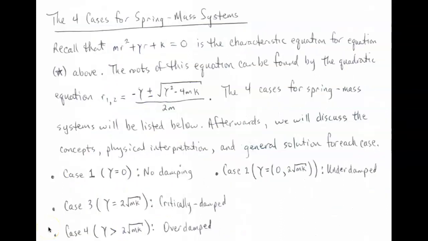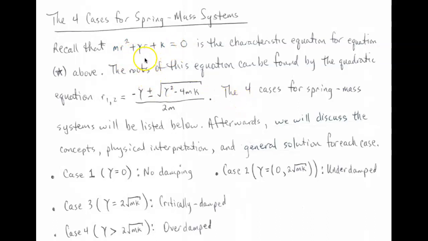So as I said before, we have 4 cases for the spring-mass system. These cases originate from the characteristic equation of the homogeneous solution of the spring-mass system. If you recall from studying second order linear homogeneous equations where all of your coefficients are constant, you'll see here that it's the same as the characteristic equation for those types of equations.